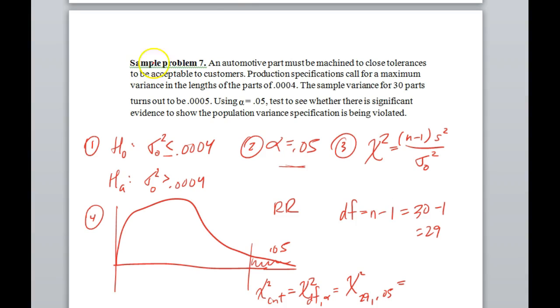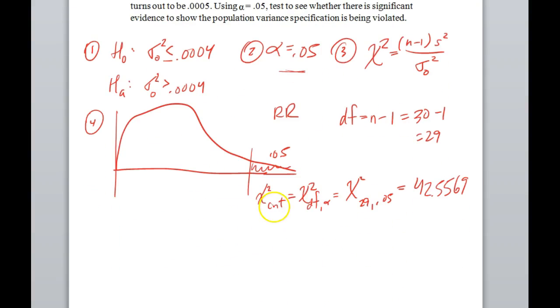Let's go back over. 42.5569. I only take it to that many digits just because that's what is given to us in the table. It's not really that necessary, but if you have that exact amount, it's not like you calculated that, you just pulled it off a table. So then we would establish our rejection region.